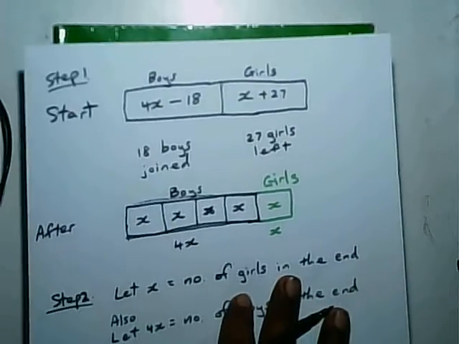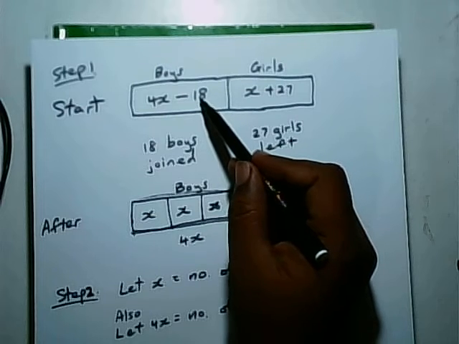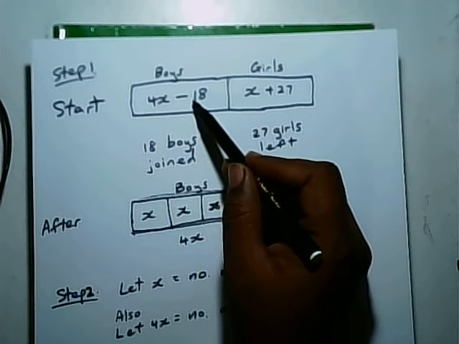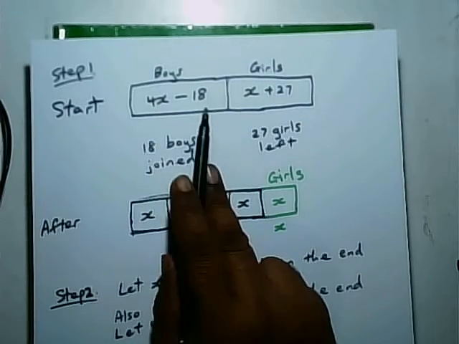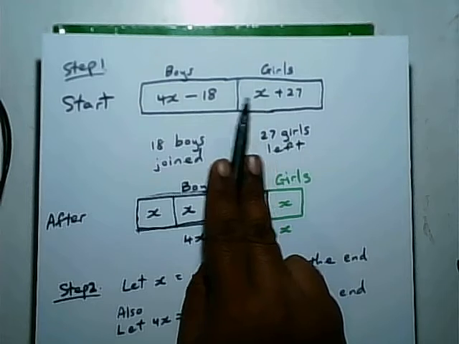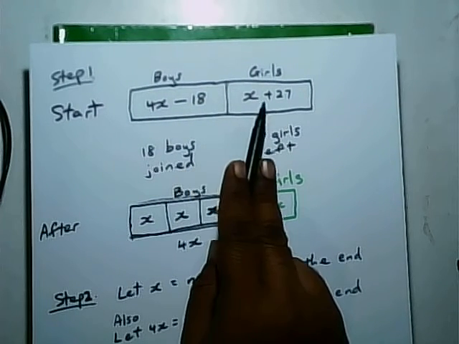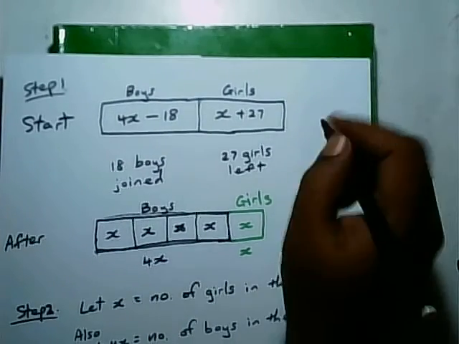Okay? And here, if we get 18 boys coming into the class, it will be the 4X. So that's how, and this is the interesting part, we come up with these expressions for the start. Okay, so let's call that step 3.